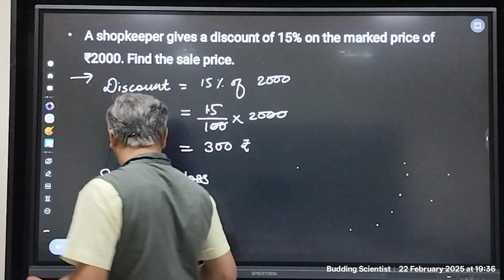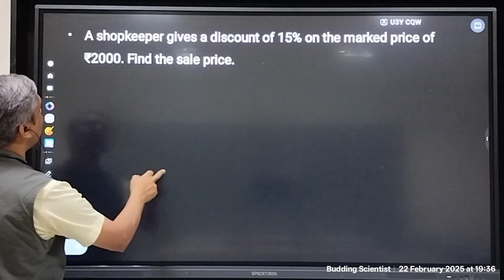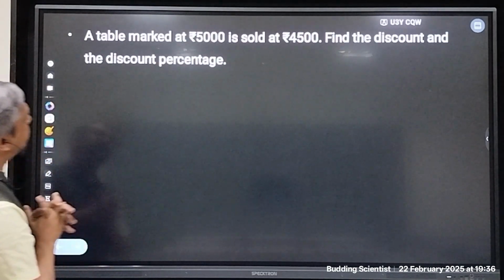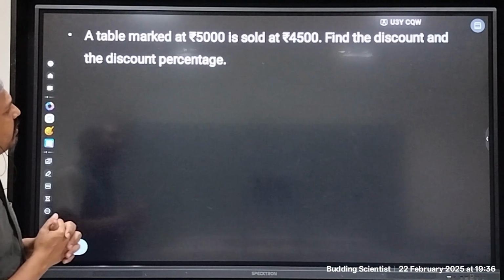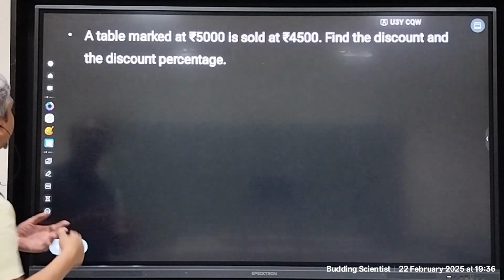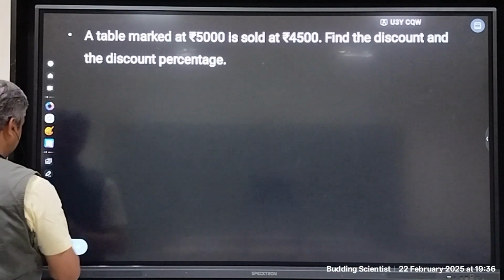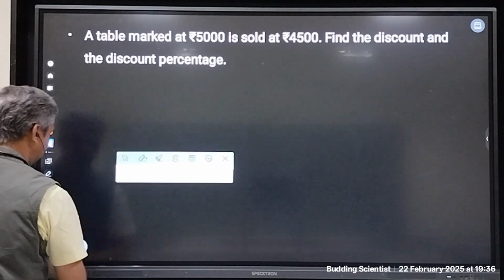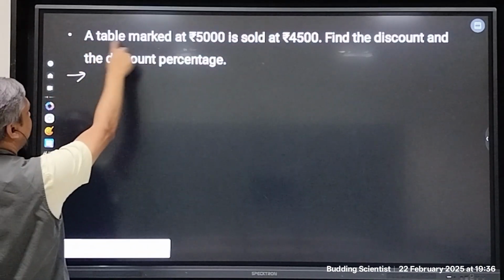The next problem. A table marked at rupees 5,000 is sold at 4,500. Find the discount and the discount percentage. It's rather great. The same kind of problem, very simple, not much to worry about.